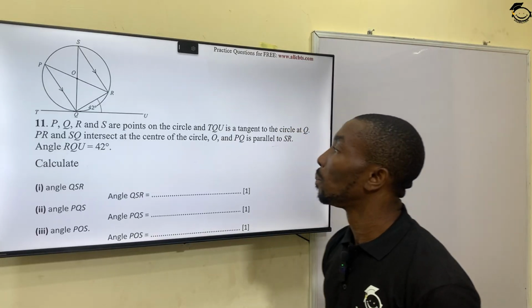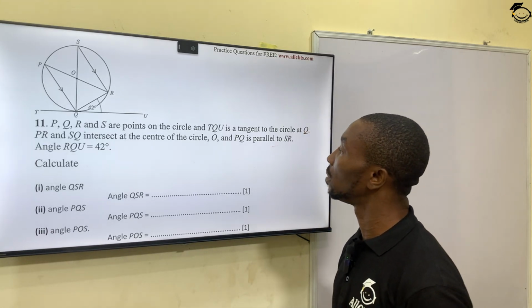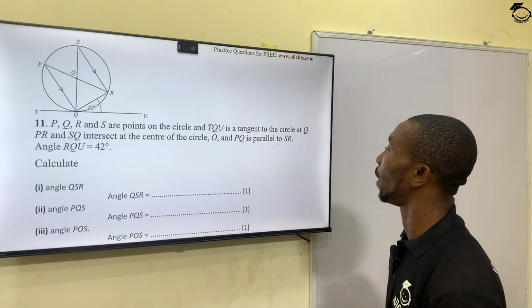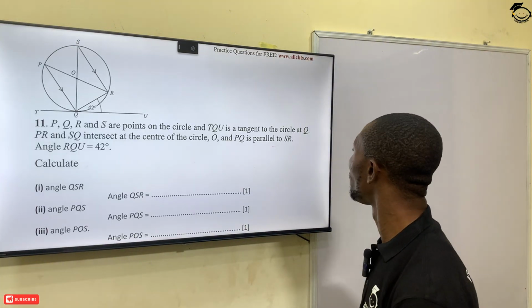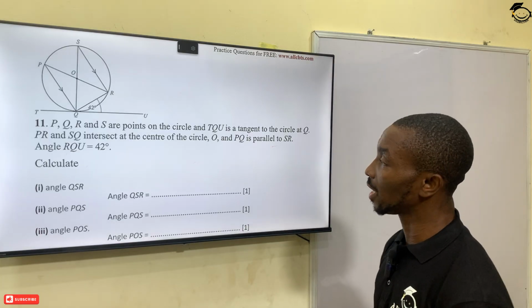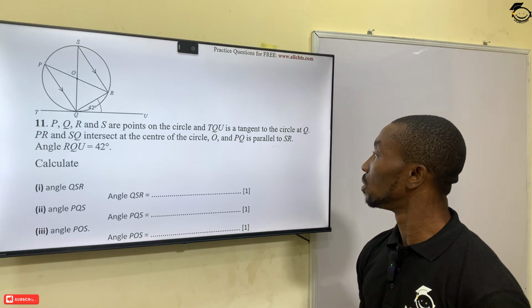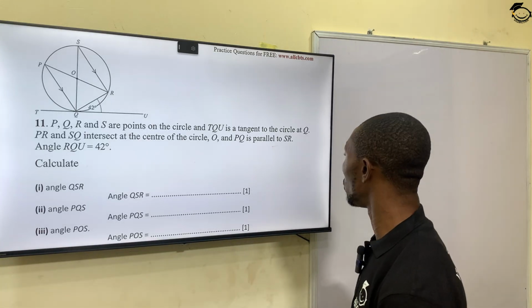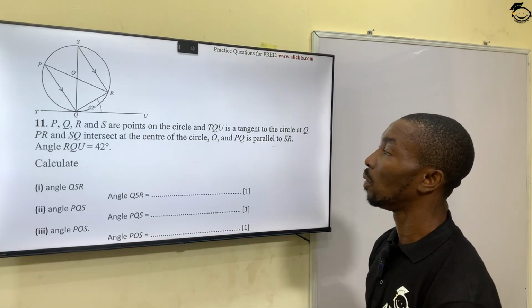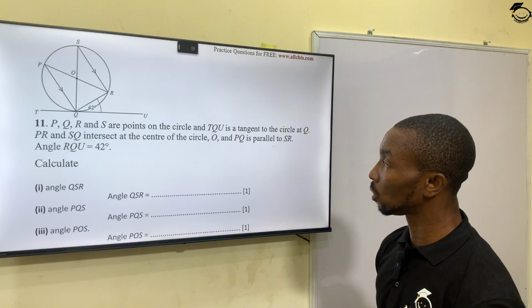P, Q, R, and S are points on the circle, and TQU is a tangent to the circle at point Q. PR and SQ intersect at the center of the circle O, and PQ is parallel to SR. Now, angle RQU equals 42 degrees.